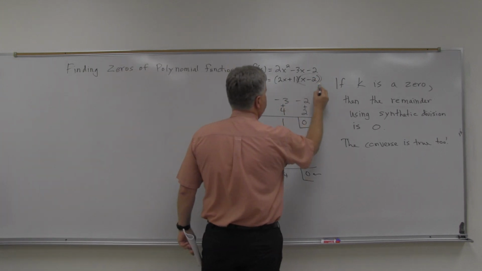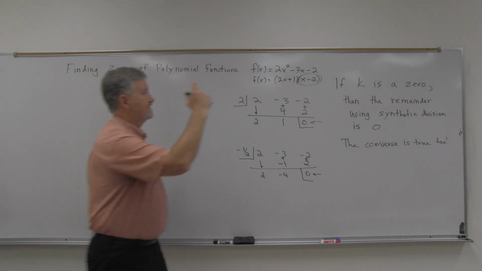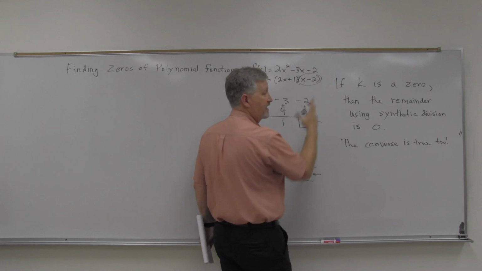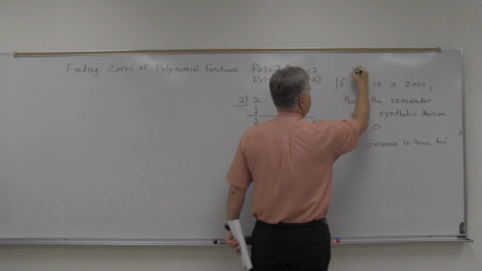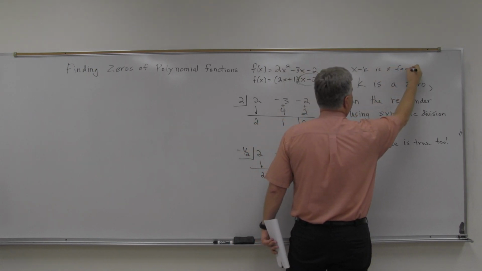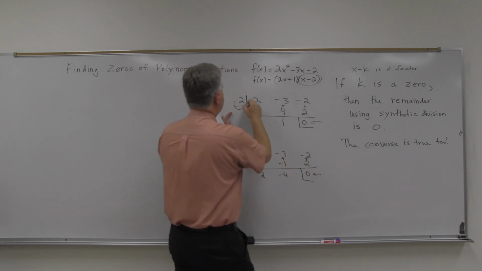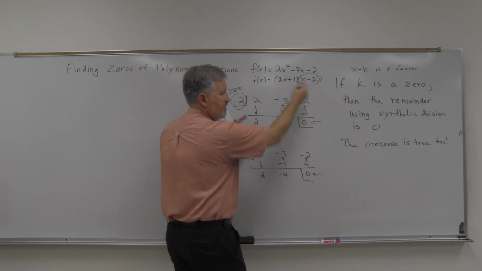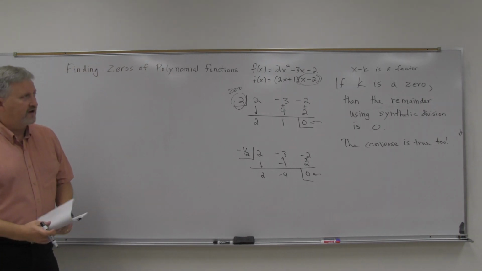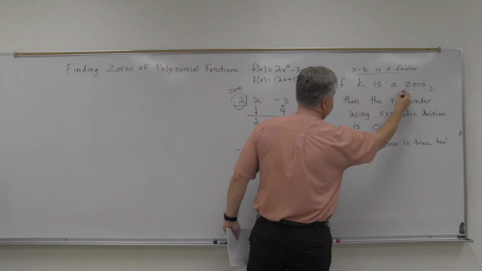Focusing on this one in particular, also note, and we mentioned this before, that if k is a zero, x minus k is a factor. Because 2 was a zero, x minus 2 is a factor, and I just want to reiterate that the two go hand in hand as well.